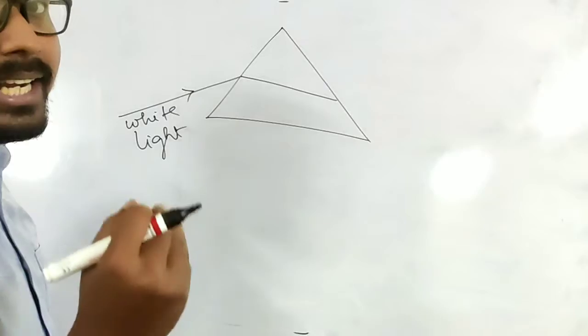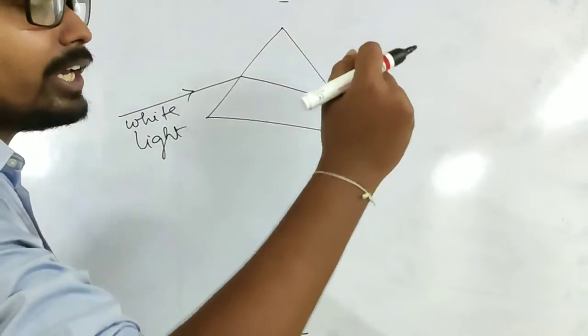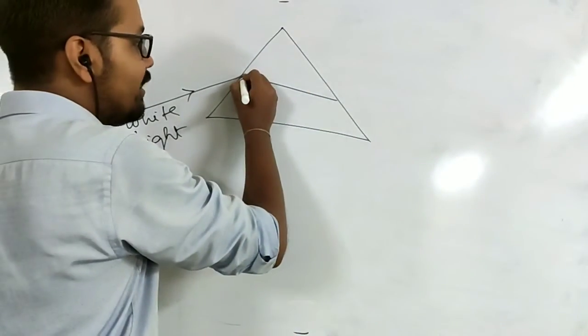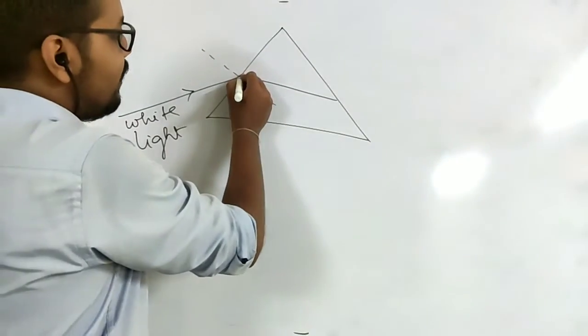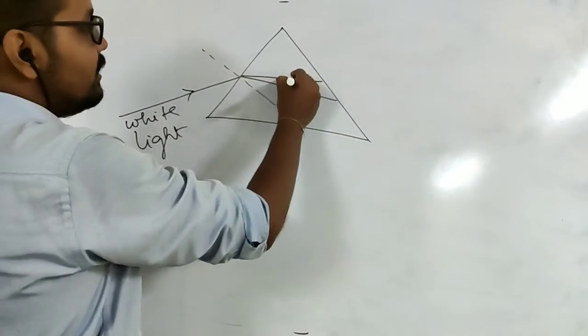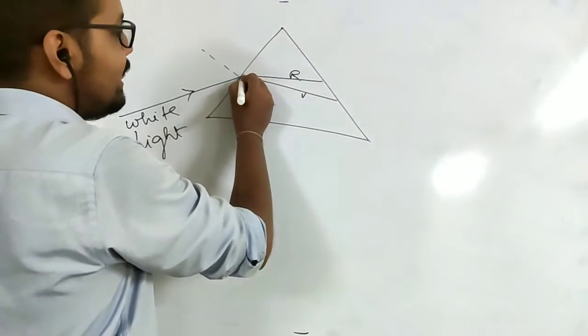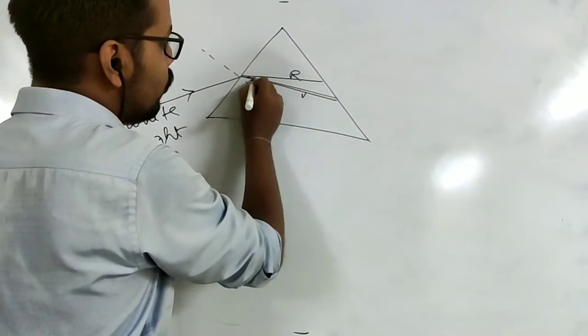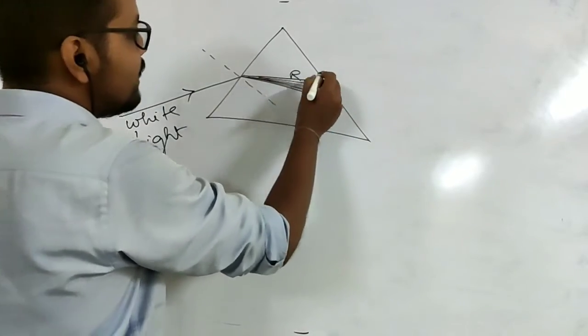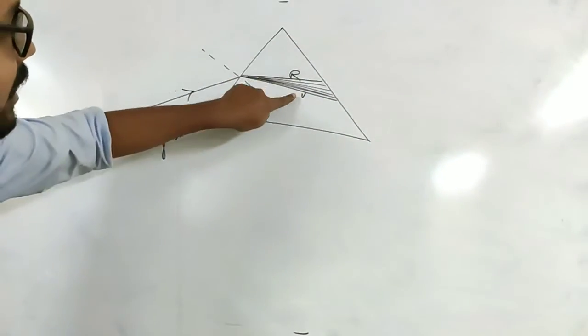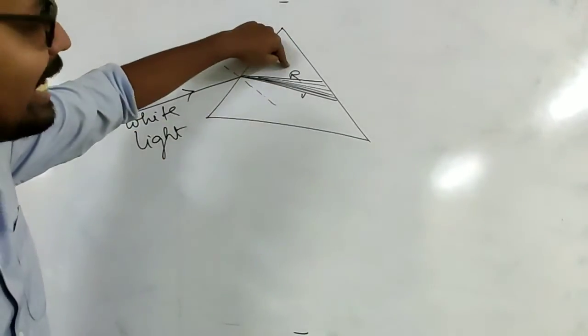Then comes indigo, blue, green, yellow, orange and red. Red will deviate the least. So this is our normal. This is our red, this is the violet, and in the middle we'll have indigo, blue, green, yellow and orange. So 7 different lights. Violet deviated the most, red deviated the least.